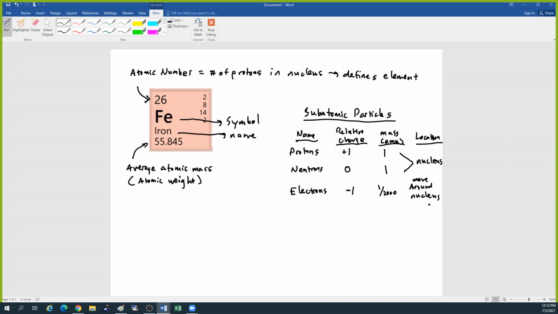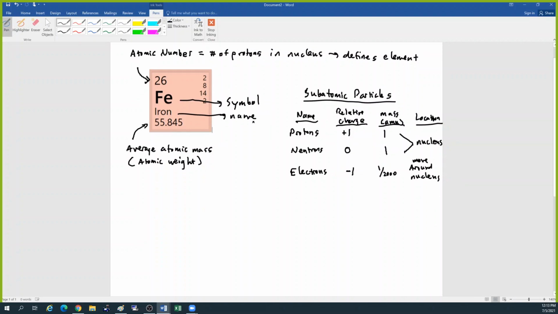And what holds them together, of course, is that if we look at, and I'm not going to draw iron because it's a lot of particles, but if we look at something like the hydrogen atom, and I'm going to draw a symbol here, and I'll explain what that means in a minute. This particular hydrogen atom would literally be one proton and then one electron somewhere out here.